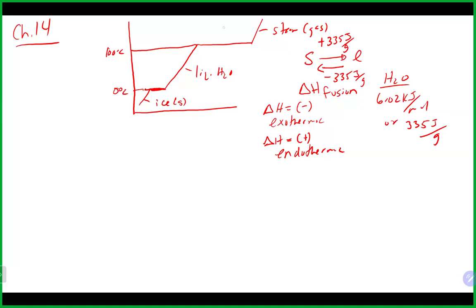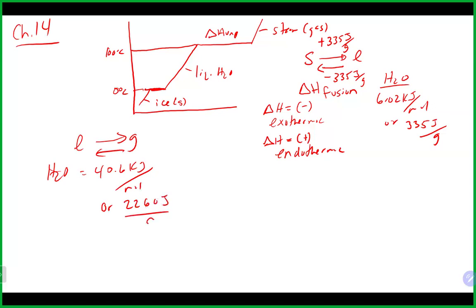Same thing when we get here. This is our delta H of vaporization as we go from liquid to gas, or gas back to liquid. For water specifically, it's roughly 40.6 kilojoules per mole, which translates to about 2,260 joules per gram.